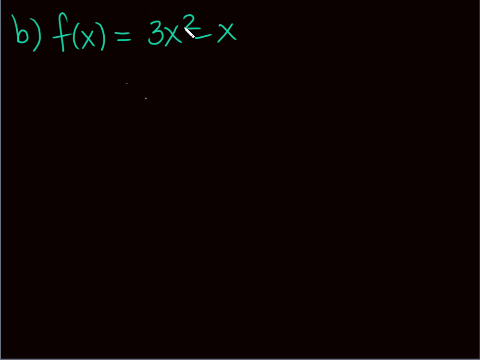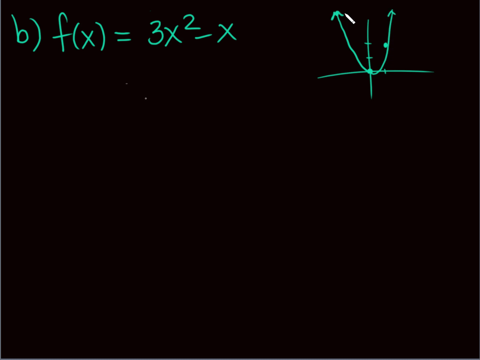Here's the thing, I know this is a parabola. It's pointing up, right? And it's scaled a little bit with that 3. Now, I don't want to complete the square, so I'm not sure exactly where. I know it goes through 0, 0. If I put in 1, I'm at 2, right? And if I put in negative 1, I'm at 4, so maybe it does something like this.